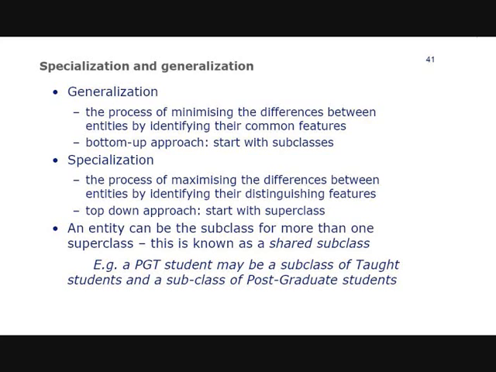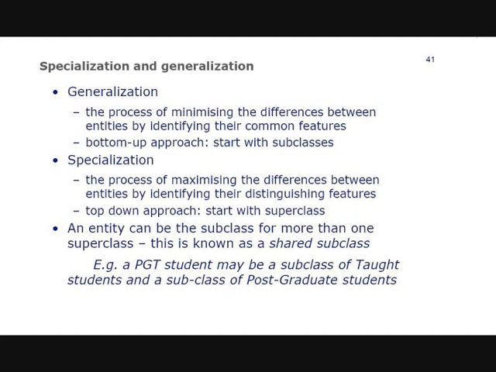And note also that this can become more complex, because we can have subclasses of subclasses, we can have shared subclasses, so we can do all sorts of fun things with this. So for example, a postgraduate student may be a subclass of taught students. So I have taught students, I have postgraduate taught students, I have research students, so I can specialize and generalize.